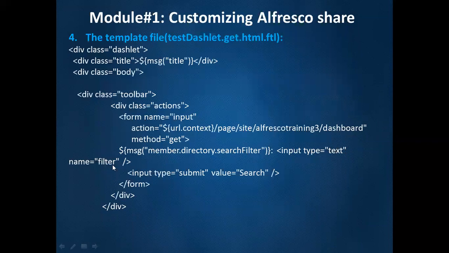After we enter the keyword, the filter will work to give a result, but it will not give us the result until we click on the submit button, and the value of this button will be search. Okay, good. I think it's clear.